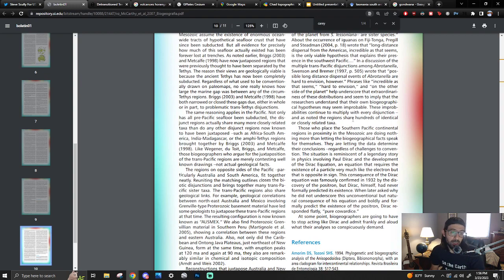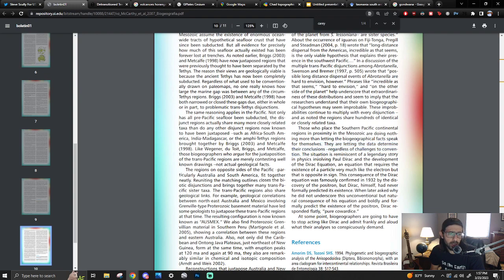Those who place the southern Pacific continental regions in proximity in the Mesozoic are doing nothing more than letting the biogeographical facts speak for themselves. They are letting the data determine their conclusions regardless of challenges to convention.